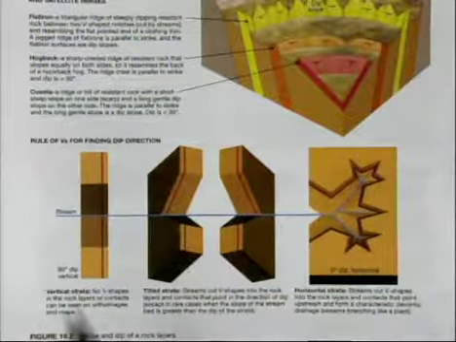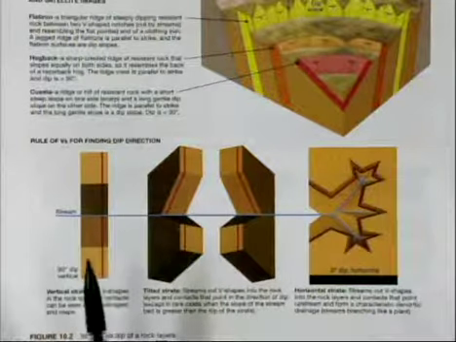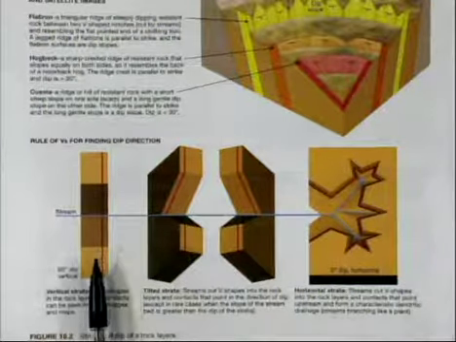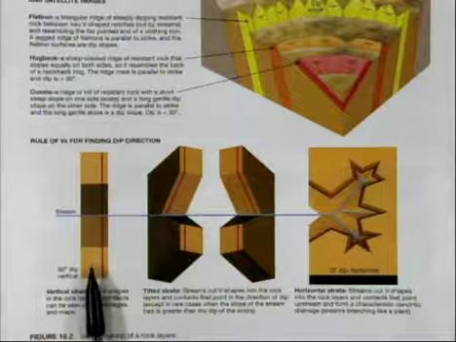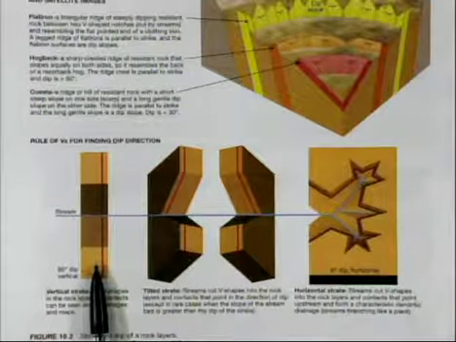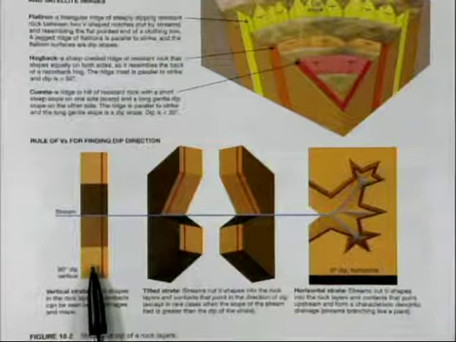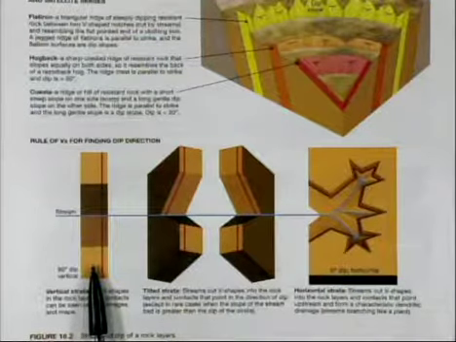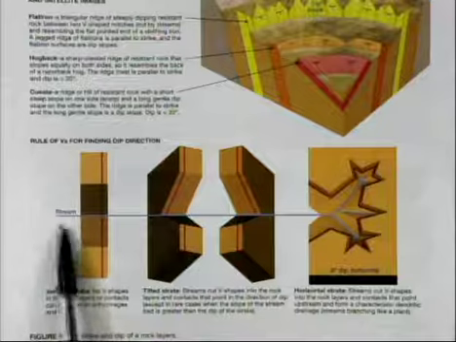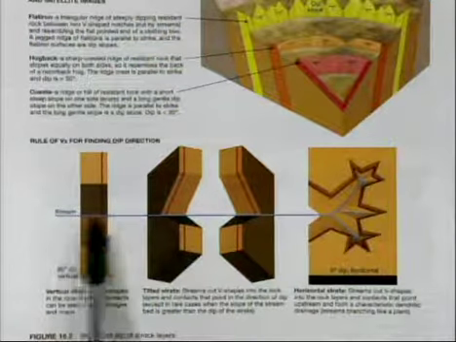Several examples are shown in this diagram at the bottom of the page, and I want to speak about each one of them briefly. If the beds are dipping at 90 degrees, in other words, they're vertical, such as a book on a bookshelf would be, when a stream erodes across those layers, no V is formed.